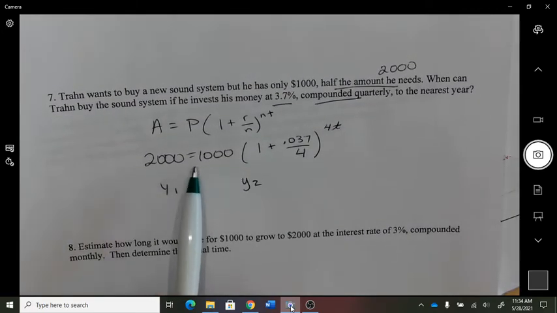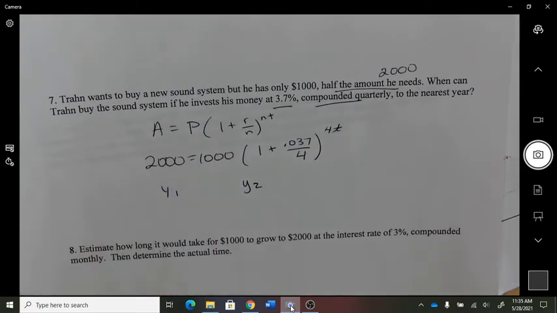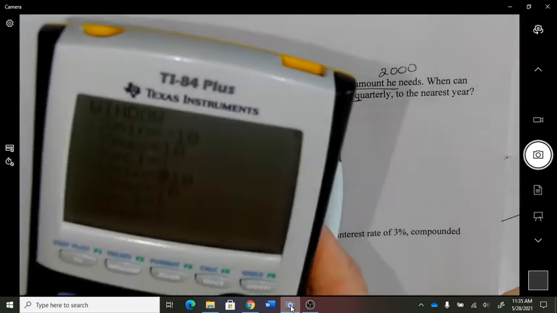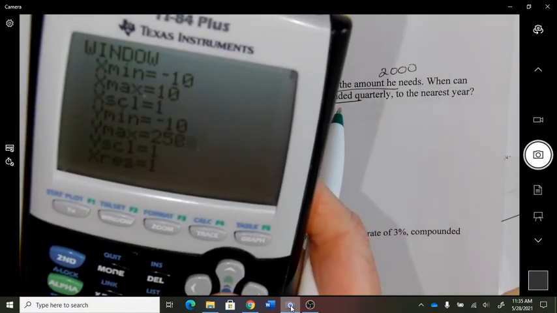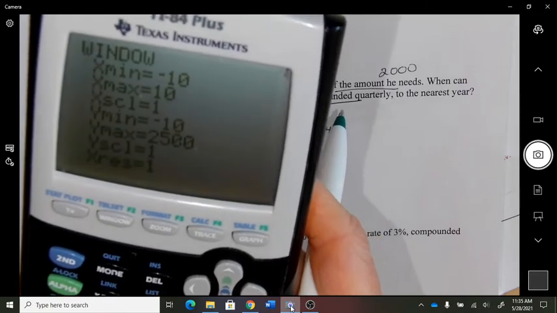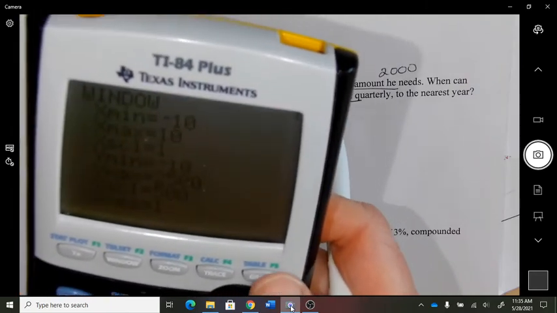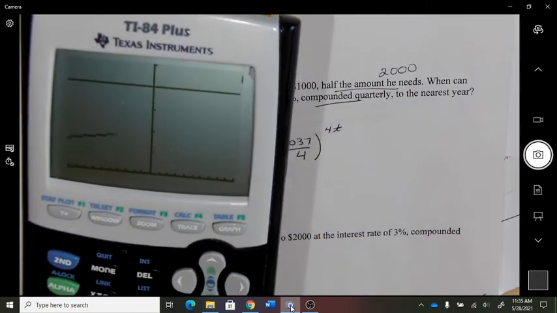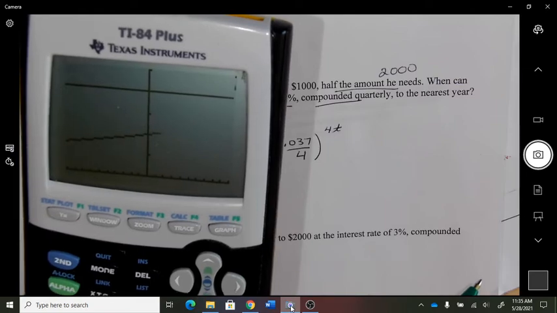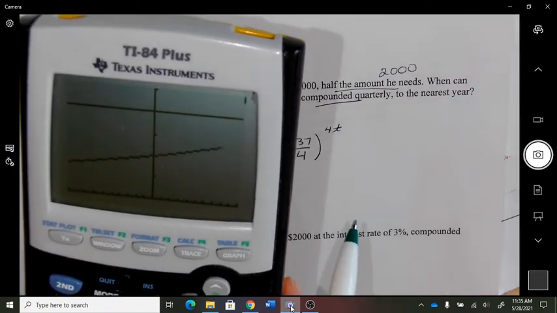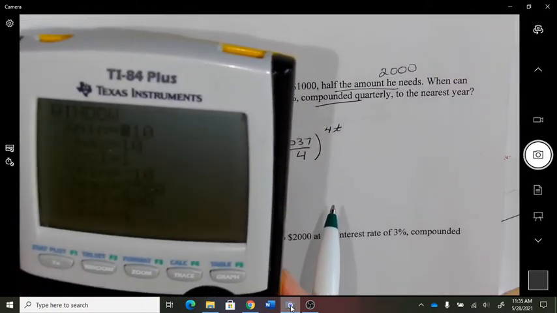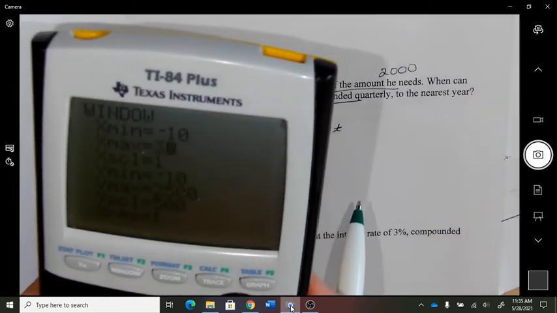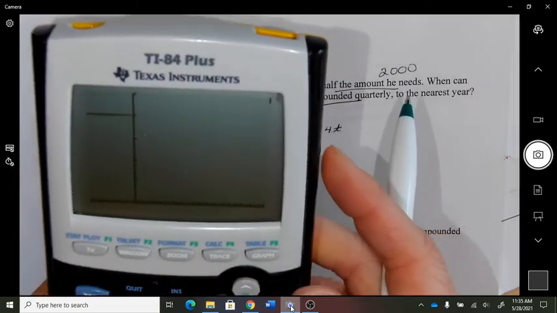Looking at these numbers, I probably want my y to go up to 2,500. So on my y max, I'm going to do 2,500, with a scale of 500. So there's that line, and I'm growing my money, and I want to see when my money is going to grow to that amount. It looks like I'm going to need more x, so I'm going to put in a 30 on the x.